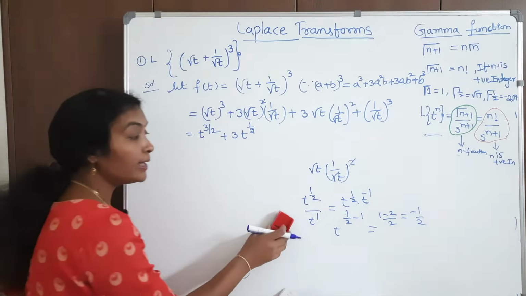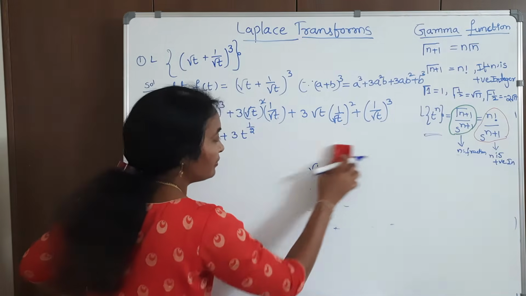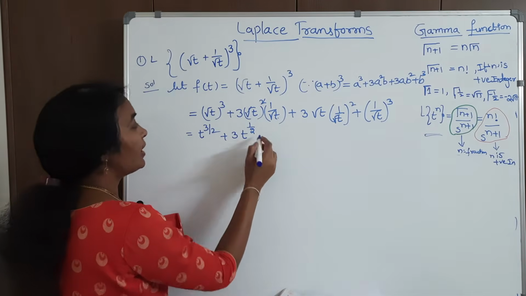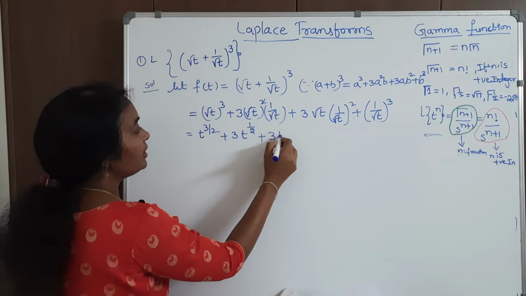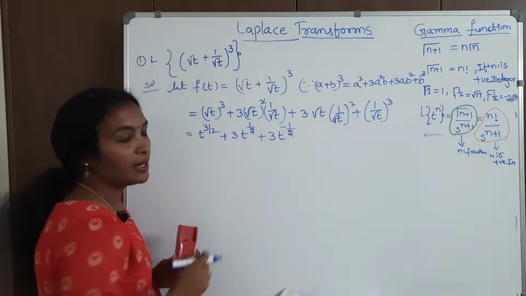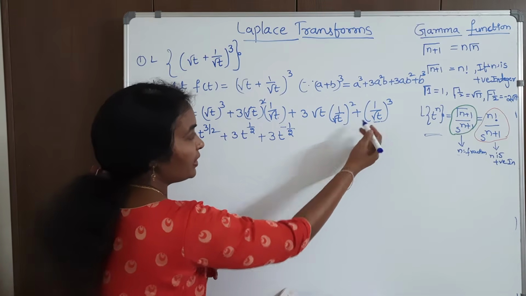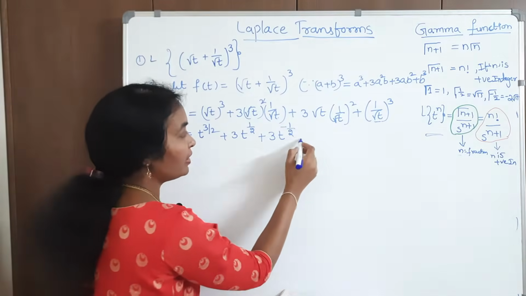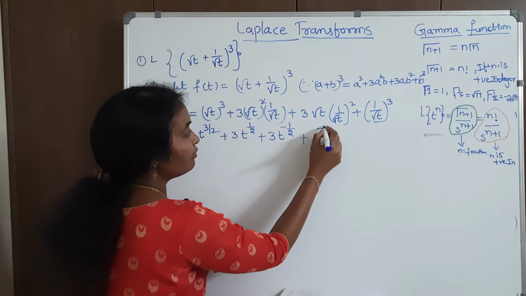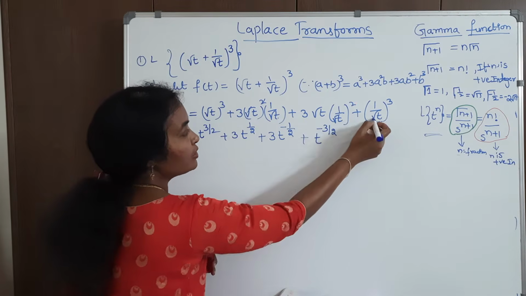So what we got is t power minus half. This is t power minus half, 3t power minus half. Next, this is in denominator. I will change it to the numerator, then it becomes t to the power of minus 3 by 2 because root t.